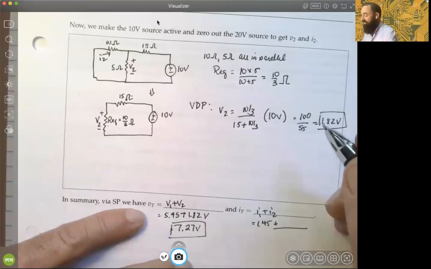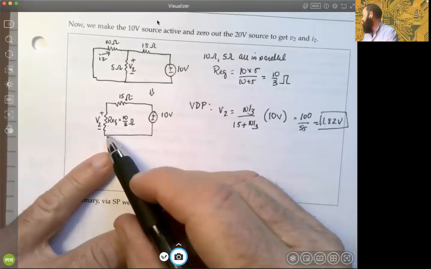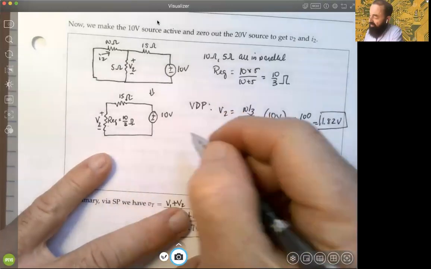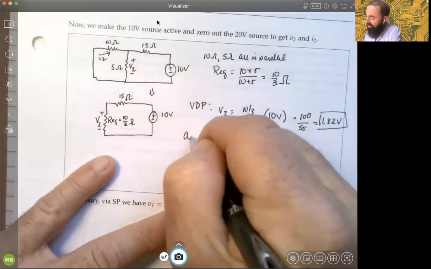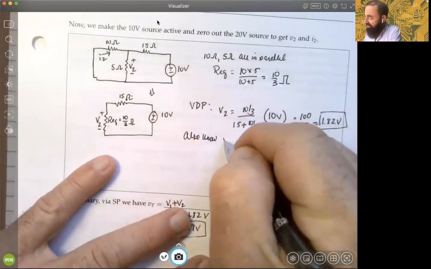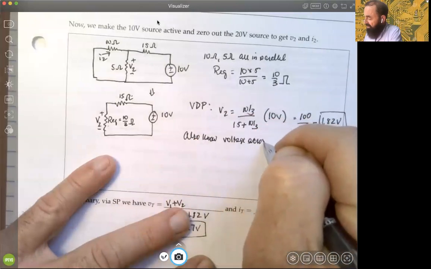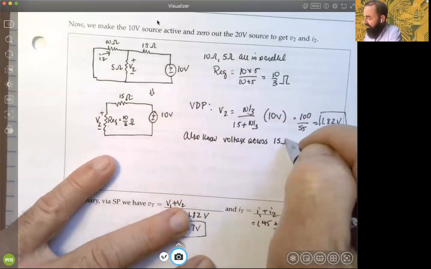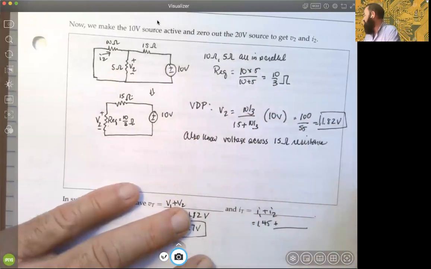So we now know from VDP what the voltage is there, all right? So therefore, we could do VDP again, and say we also know the voltage across the 15 ohm resistance would be what?